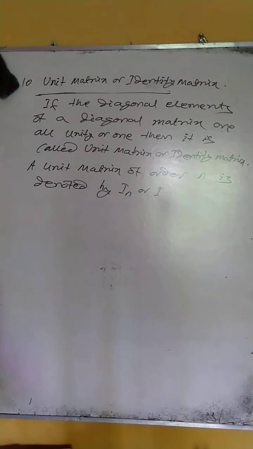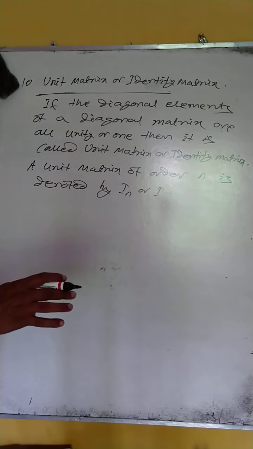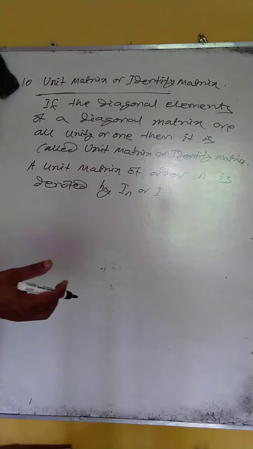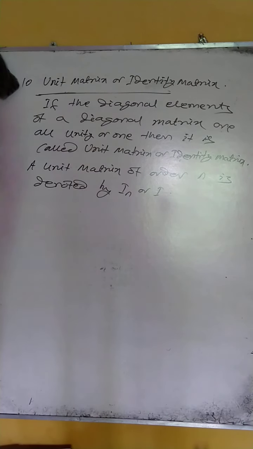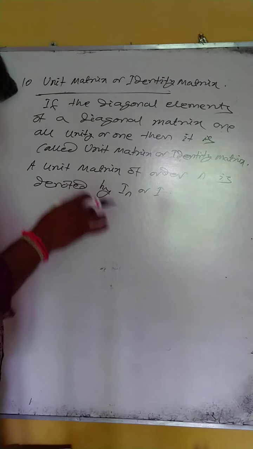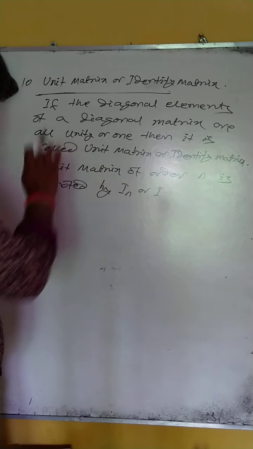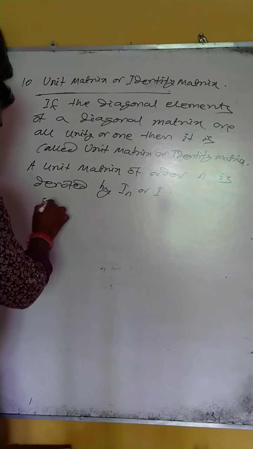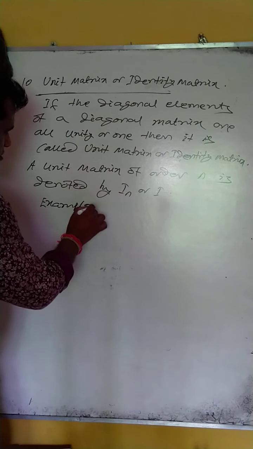Okay, that means a square matrix is a diagonal matrix if all its non-diagonal elements are 0. A diagonal matrix is a scalar matrix if all its diagonal elements are equal. A diagonal matrix is a unit matrix if all its diagonal elements are unity or 1. Now we take some examples.